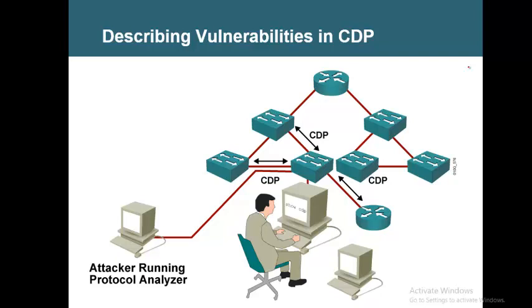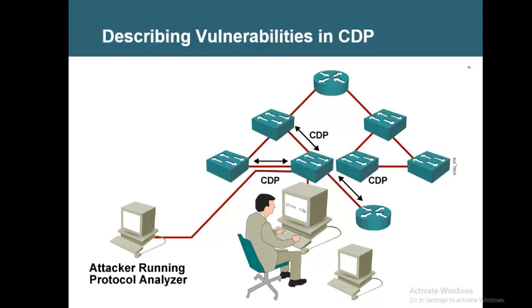So we need to disable it wherever you see it as vulnerable, especially on the WAN facing interface or on the edge, DMZ edge or any edges. It is good to disable CDP.